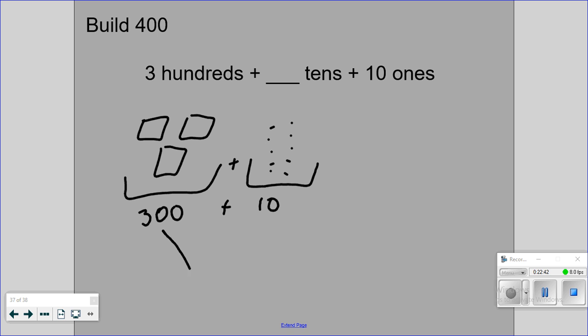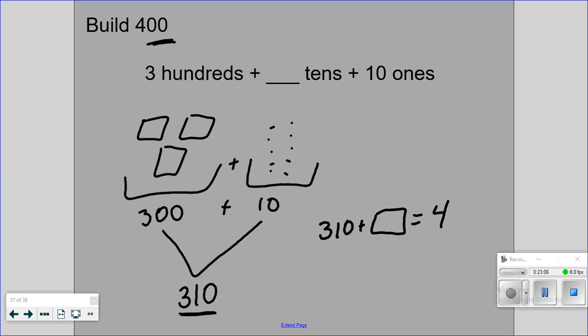And then they said, okay, I'm at 310 right now, and I need some more 10s to get me to 400. They almost made it like this: 310 plus something equals 400. What's going to go in that box?